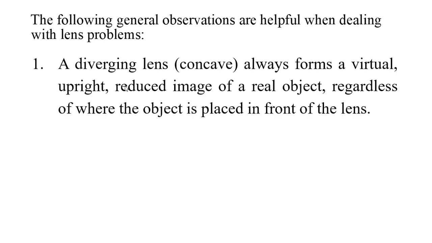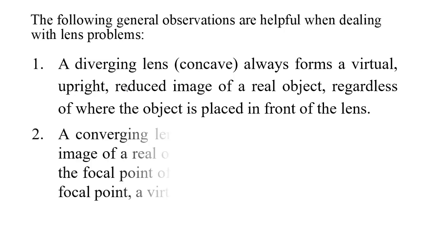The following general observations are helpful when dealing with lens problems. When we generalize, the first is that a diverging lens, that is, a concave lens, always forms a virtual, upright, reduced image of a real object regardless of where the object is placed in front of the lens.